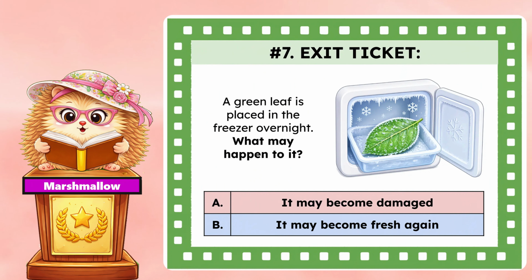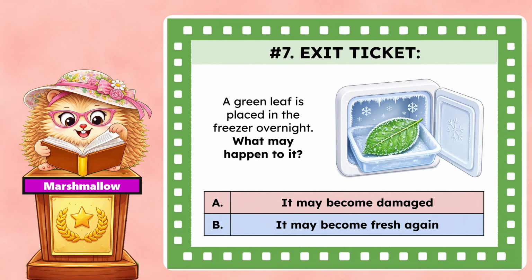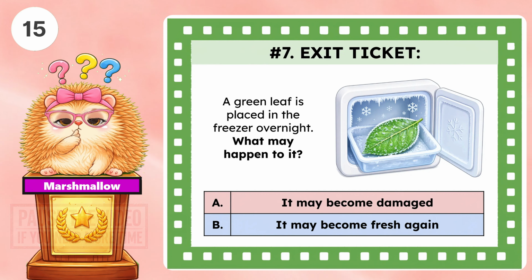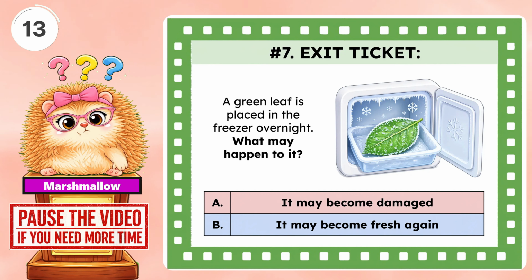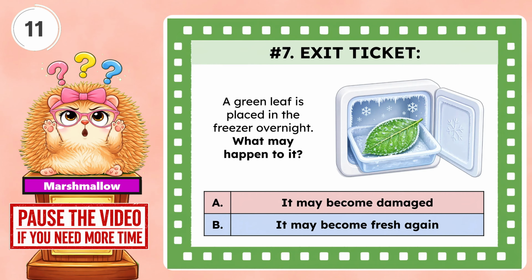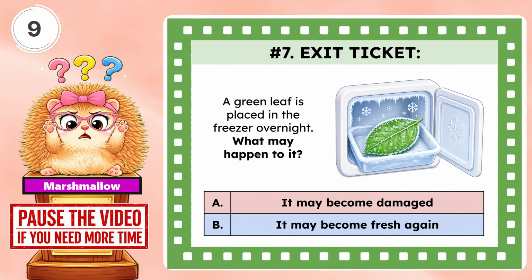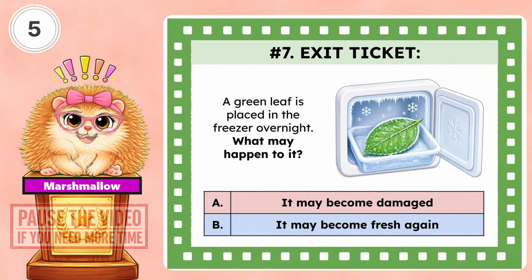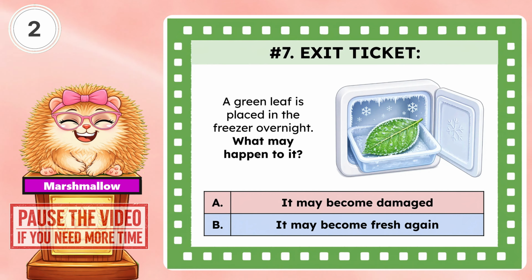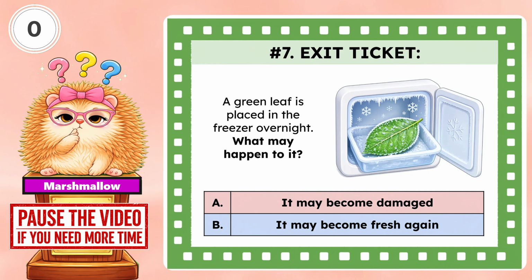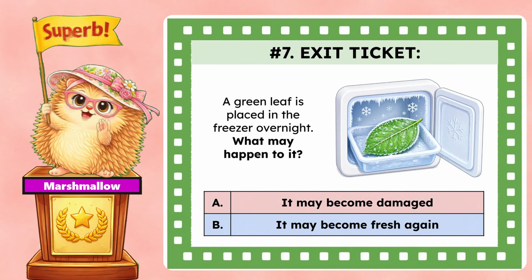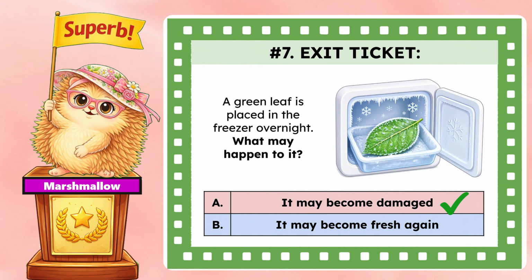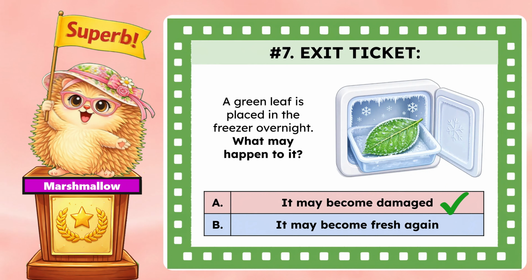A green leaf is placed in the freezer overnight. What may happen to it? And the correct answer is letter A. It may become damaged.